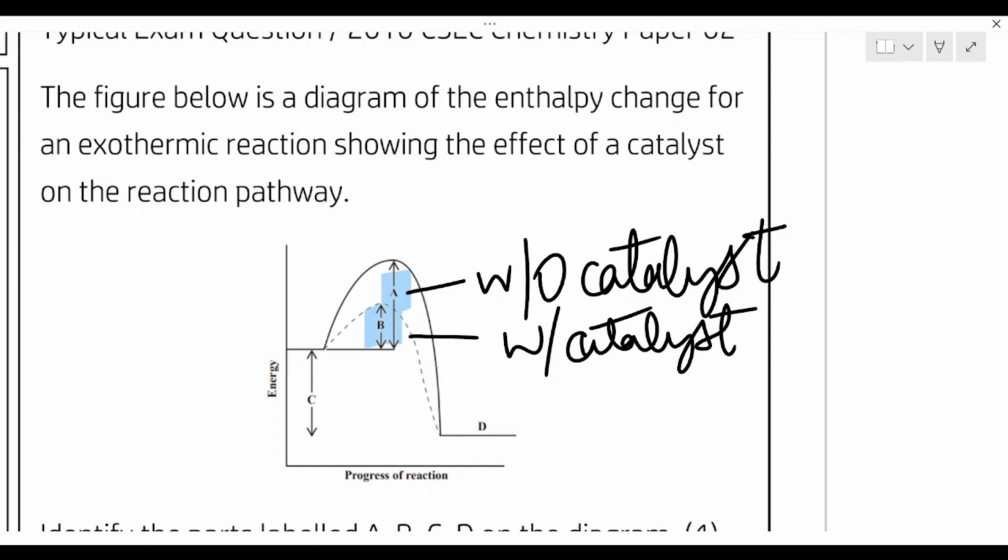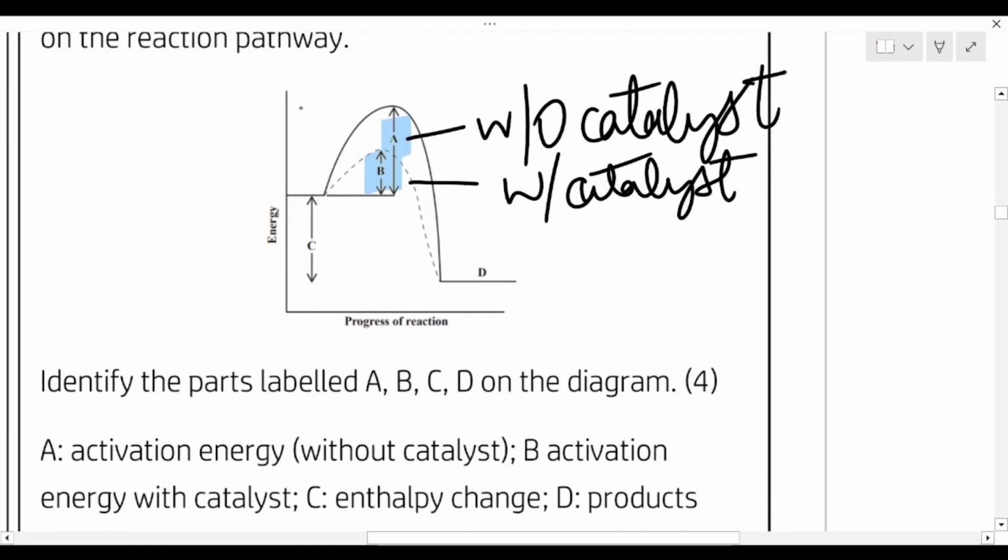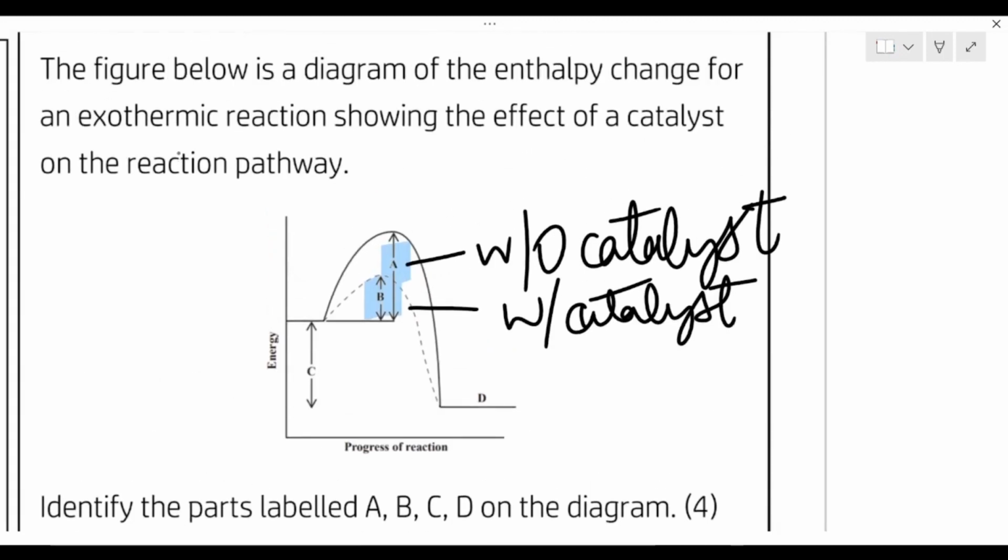C we know is the change in enthalpy, delta H, and D is the products. So A, activation energy without catalyst, B, activation energy with, C, enthalpy change, and D, the products.